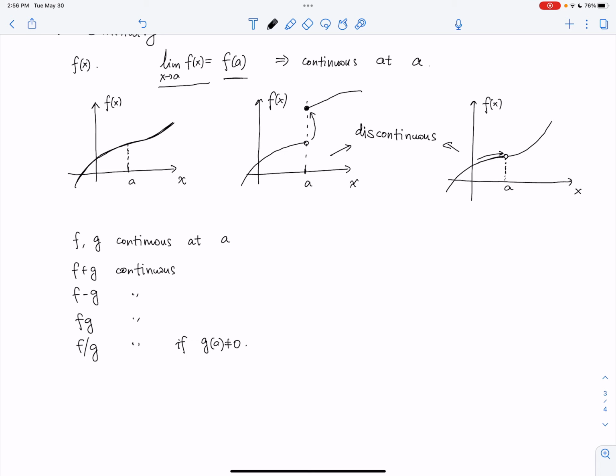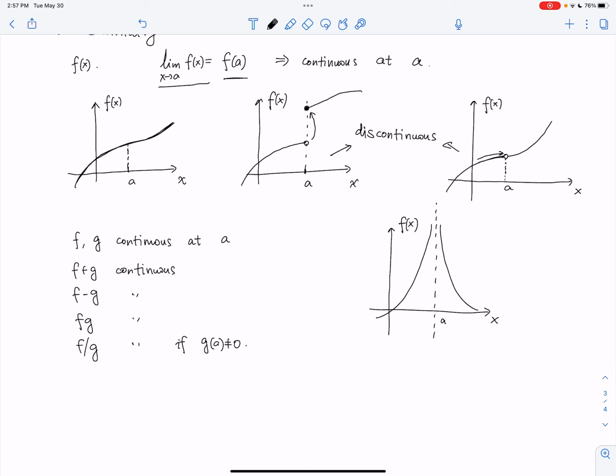So that's some cases about continuity. Another case could be something like that. If you have x, f(x), at a, the function goes all the way to infinity, like that. That's called infinite discontinuity.